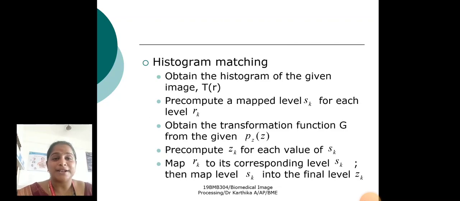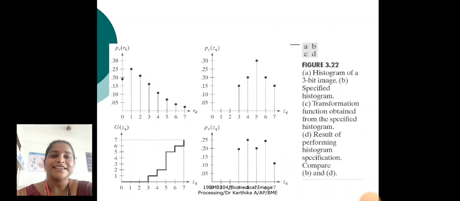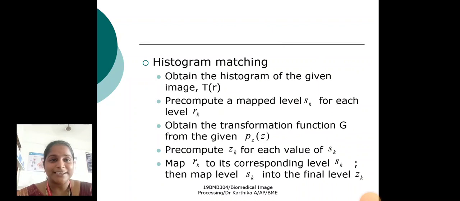In histogram matching, we obtain the histogram of a given image and pre-compute a mapped value s_k for each level r_k, then obtain the transformation function G from the given p_z of z. Pre-compute z_k for each value of s_k, and also map r_k to its corresponding level s_k, then map level s_k to the final level z_k. These are all the steps involved in histogram processing.